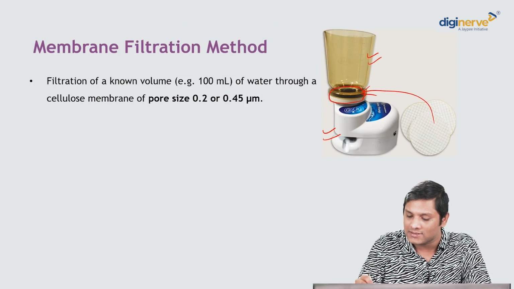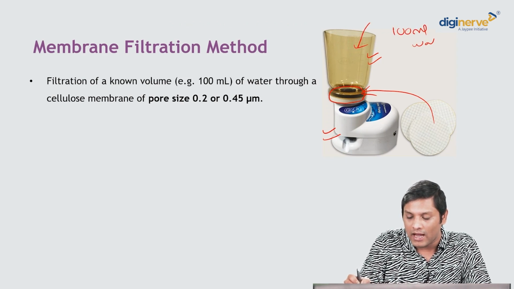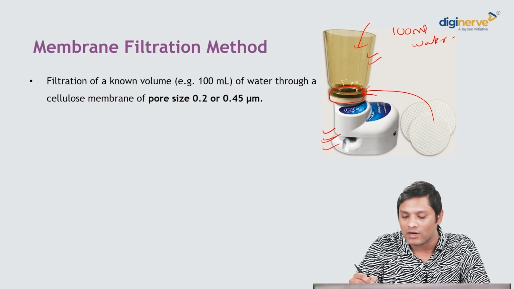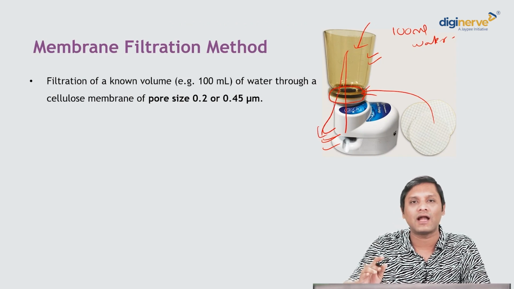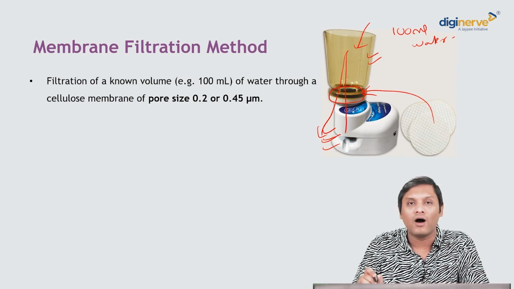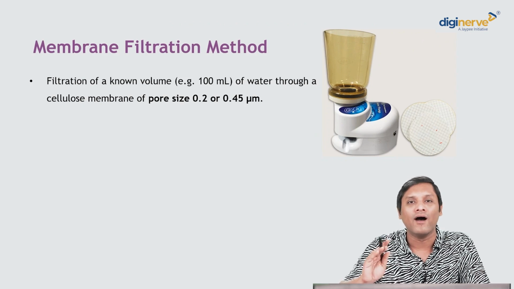After you place the filter, you pour the 100 ml of water, and after you add water, you switch on the motor so that the water will be sucked inside. The water will be discarded, and what will be retained over the membrane are the organisms.